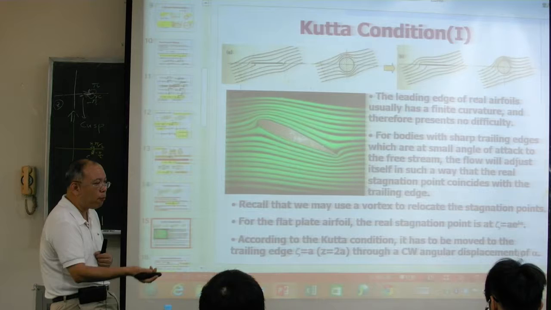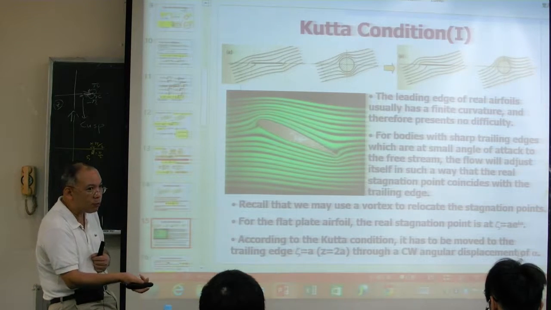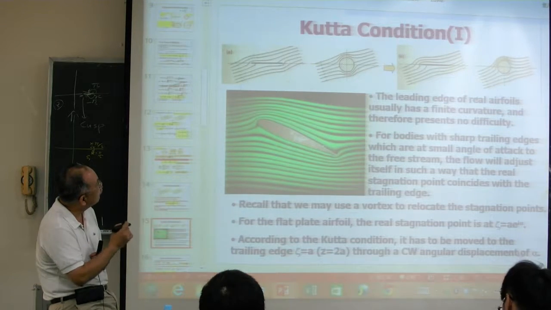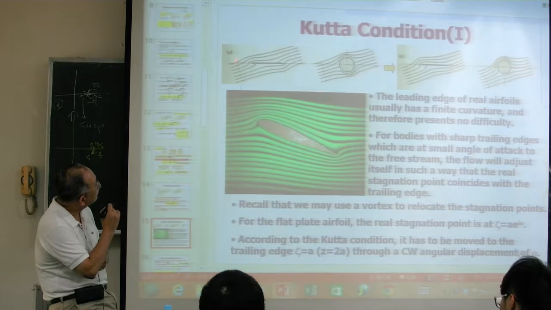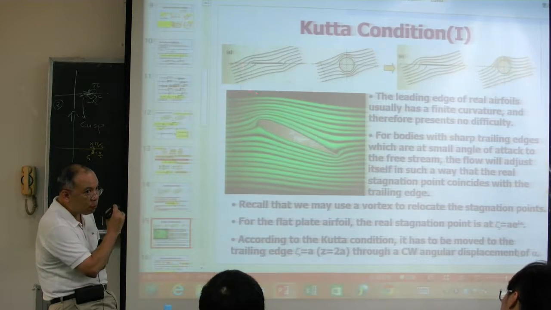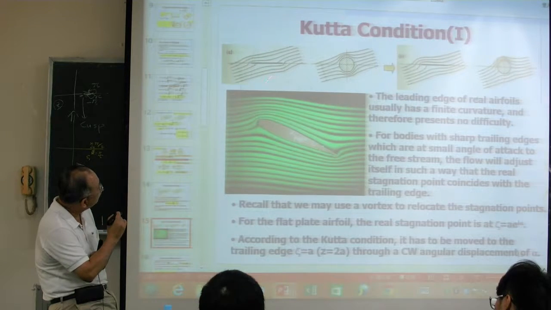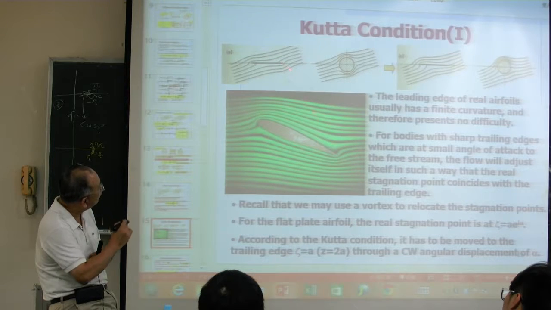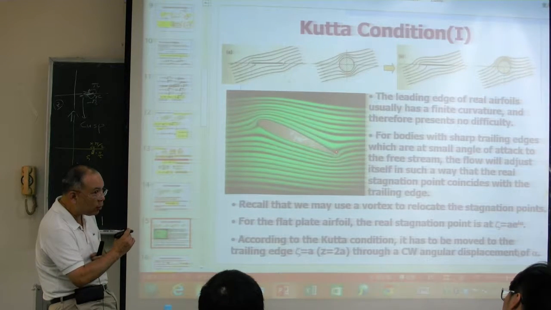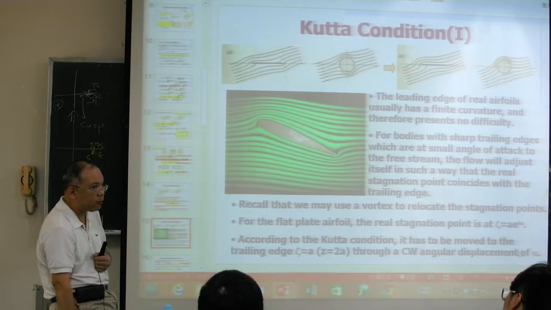So we have to apply a new condition called the Kutta condition. The Kutta condition forces a circulation; we will add another circulation into this system, and this circulation will move the stagnation point from this point to the trailing edge. So that will satisfy the more realistic flow field.